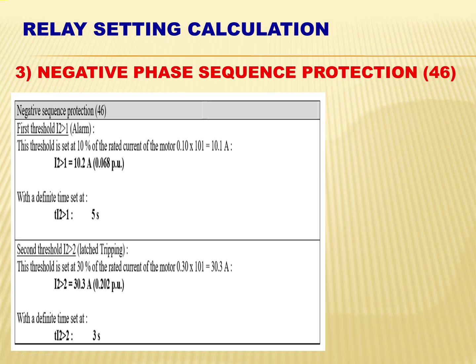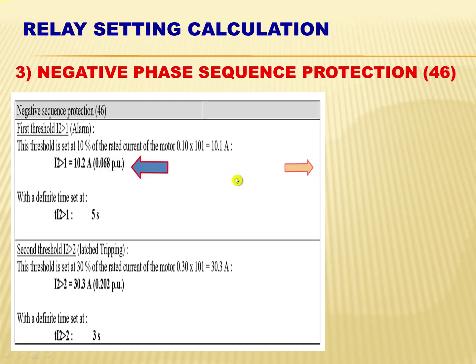Next, the relay 46 or the negative phase sequence protection. Okay, so we have here two thresholds. The first threshold here will be an alarm, and the second threshold here will be for tripping purposes. For the first threshold, we'll just multiply the rated current of the motor by 10%.